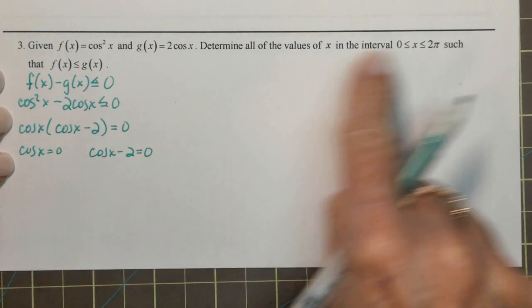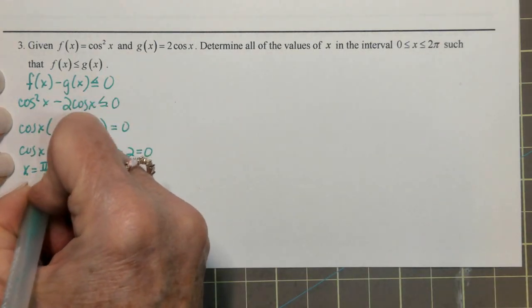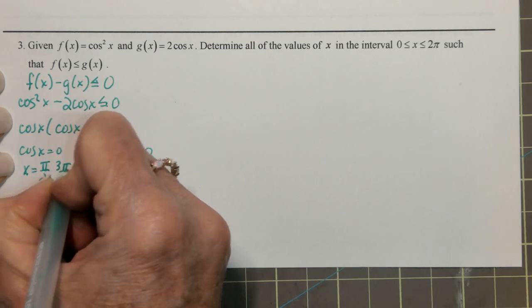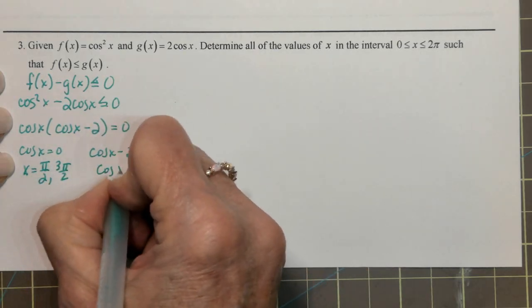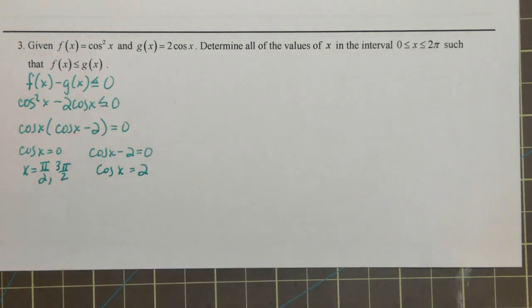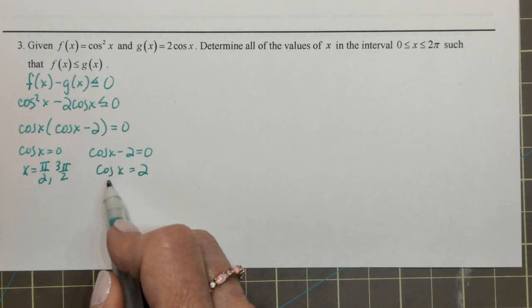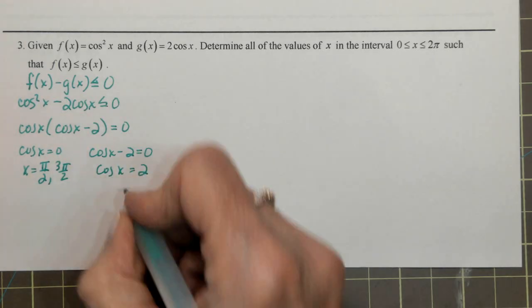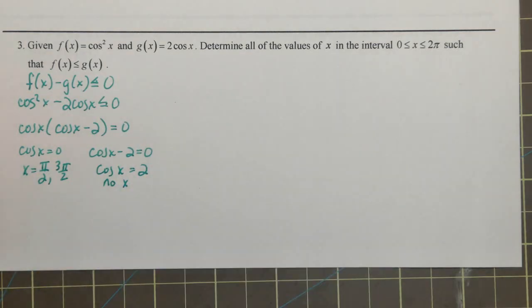Well, cosine is 0 between 0 and 2 pi at all of the pi over 2's. Pi over 2, 3 pi over 2. Solving this, I get cosine of x is equal to 2. And cosine of x is never equal to 2. The most cosine of x can be is 1. So no x would give us cosine x is 2.